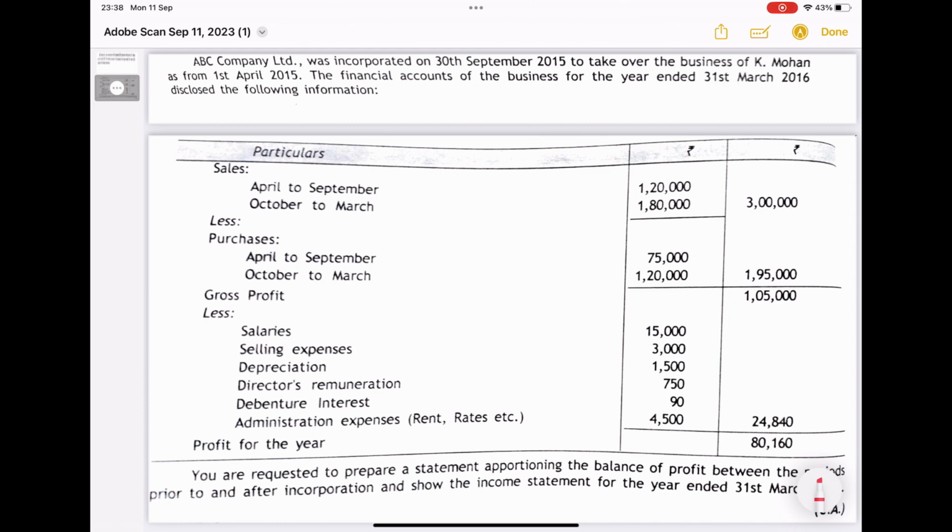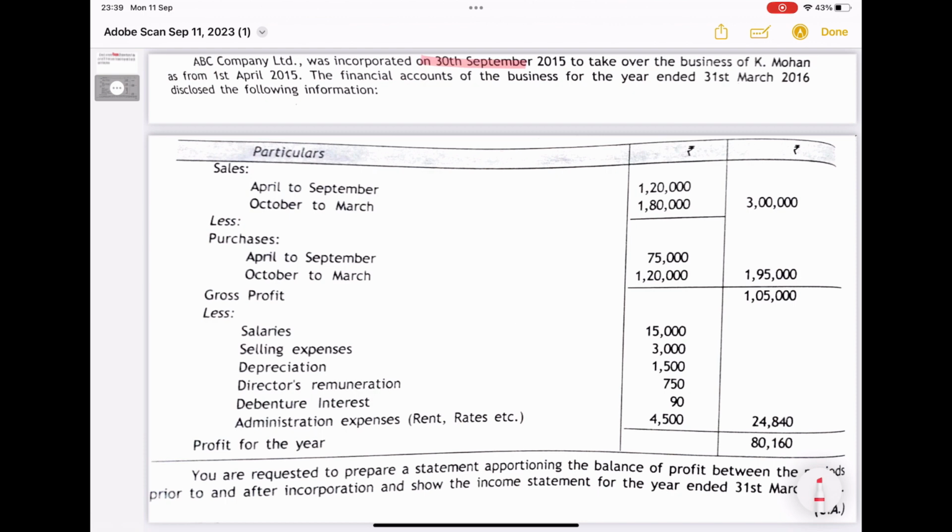See, the ABC company was incorporated on 30th September, but it took over the business of K. Mohan from the 1st April, which means I have acquired the company on the 1st April but incorporated on 30th September.